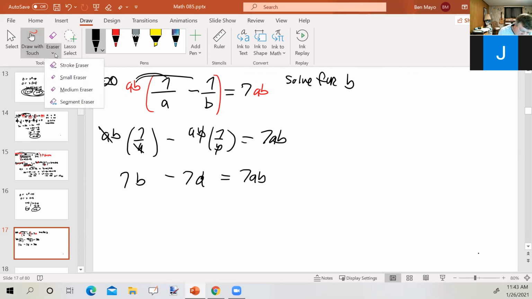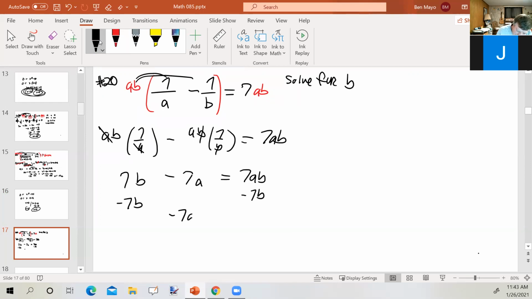Okay, now I'm trying to solve for b. I'm going to get all the terms with b on one side of the equation. So I'm going to subtract 7b from both sides. Then I'm going to factor out the b and get 7a minus 1. Or actually, it would be 7a minus 7, wouldn't it?